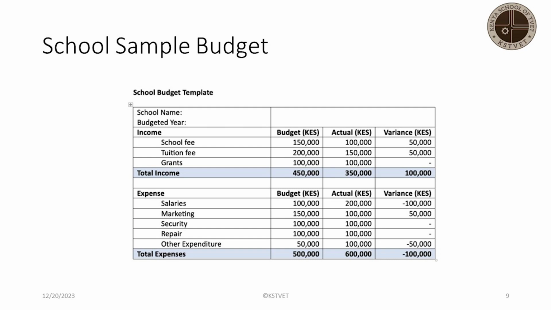What about the next row? We have the expenses. Remember the expenditure items. For example, the salaries. The proposed budget is 100,000 Kenya shillings. And the actual is 200,000 Kenya shillings. What can you see? There is a variance of negative 100,000 Kenya shillings.